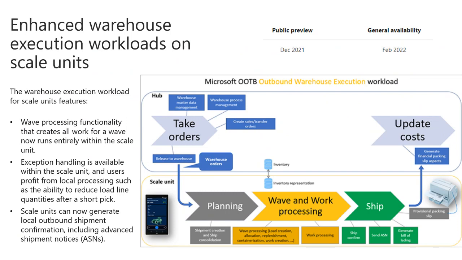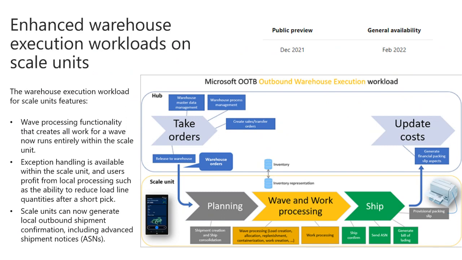On the ship process there, you can have ship confirm, you can send advanced shipping notices, you can generate bill of lading. All that you can do locally. So even though you're disconnected from the internet, for example, you can still run those critical warehouse processes using the scale unit feature.